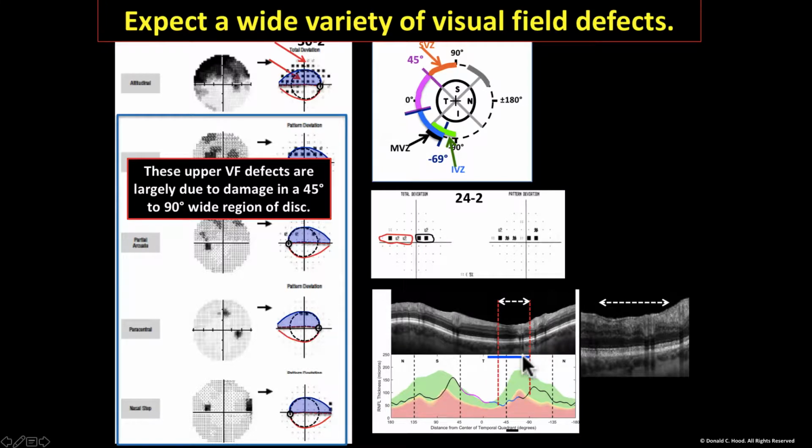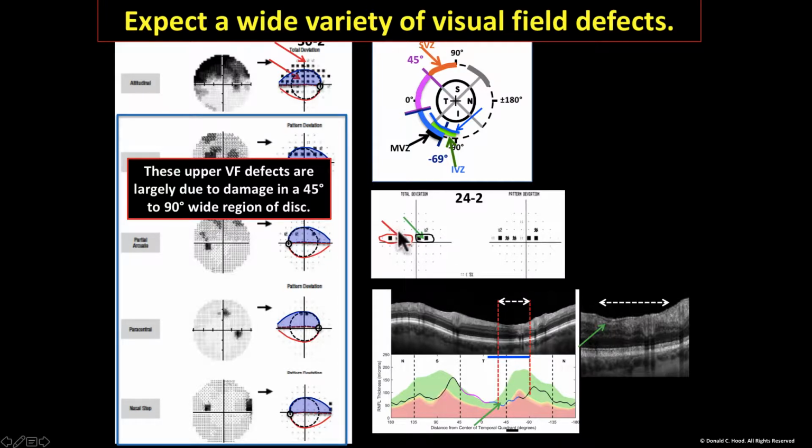So here's your model, right? That's this region here, right? Here it is on here. So you've got damage throughout this region, so you're going to expect damage throughout this region here, but it's not going to be the same. So this point here corresponds to this point here, and this here, where you just have a little bit of damage left.